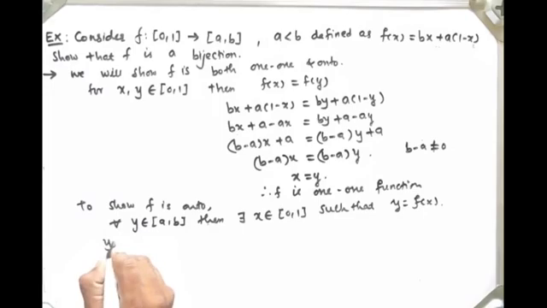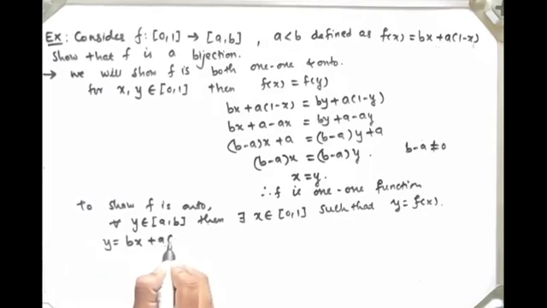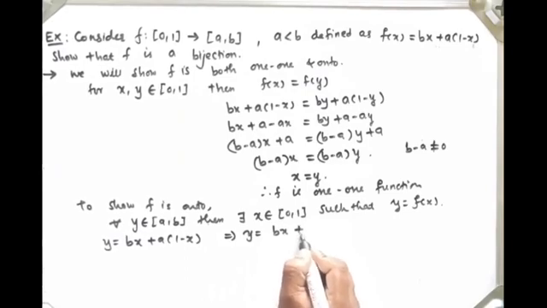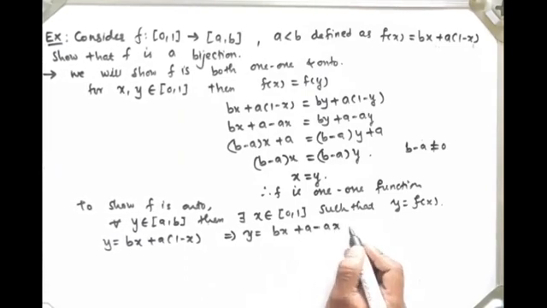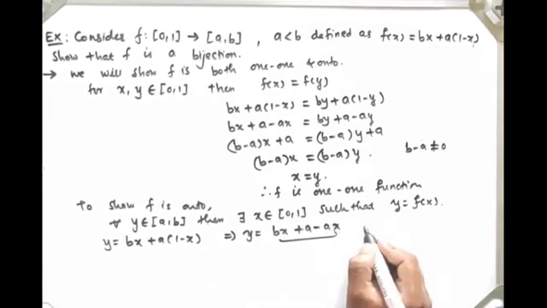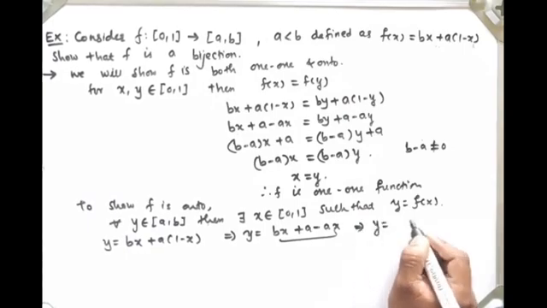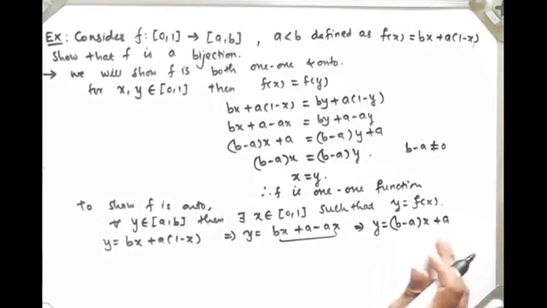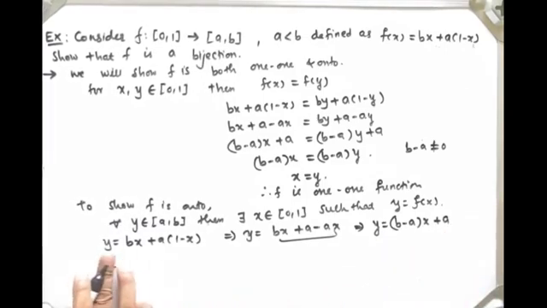So y is equal to f of x, and f of x is bx plus a times (1 minus x). Now we can solve it for x, so y is equal to bx plus a minus ax. Now take x as common between these two, so I get y is equal to (b minus a) times x plus a. Taking a to the other side, I get (b minus a) times x is equal to y minus a.